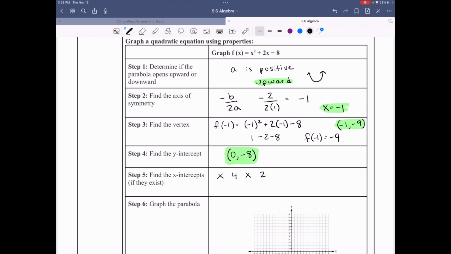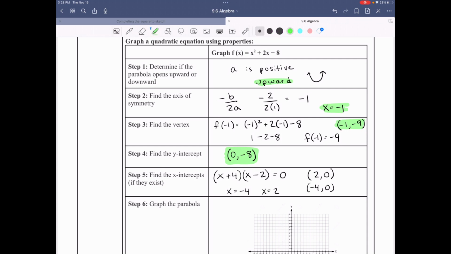We're going to make the 2 negative and the 4 positive, so that when they add together, we get the middle term, which is 2. Using the zero product property, x equals negative 4 and x equals 2. Those are the solutions, and so the intercepts are (2, 0) and (negative 4, 0).